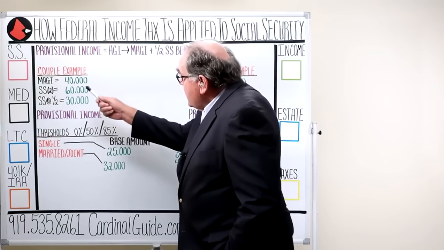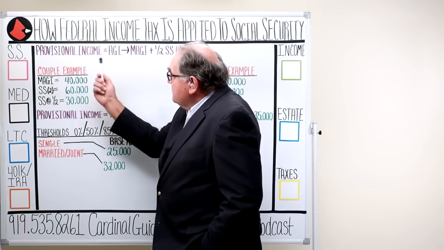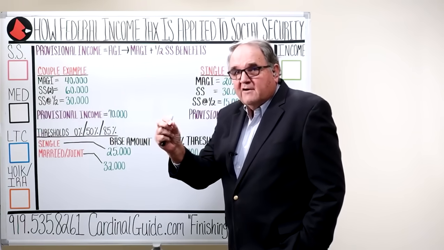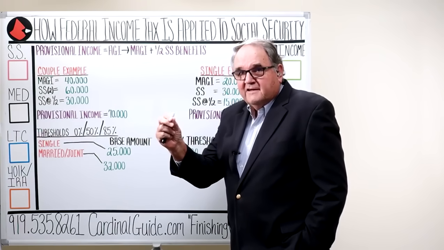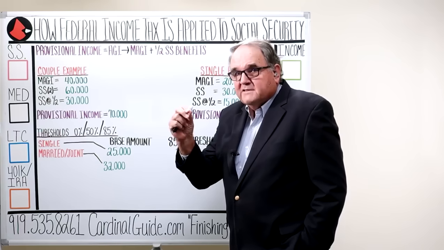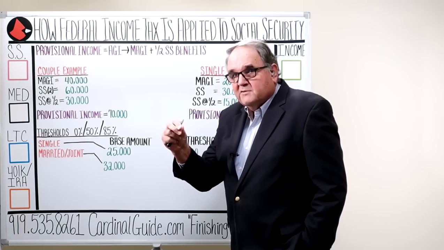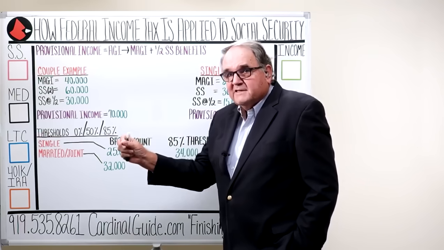So we're going to start out with, you have to know what your provisional income is. This is just a number invented by the IRS and Social Security. It's not your real income. It's just a number they're going to use to calculate what percentage of your Social Security income is taxable.